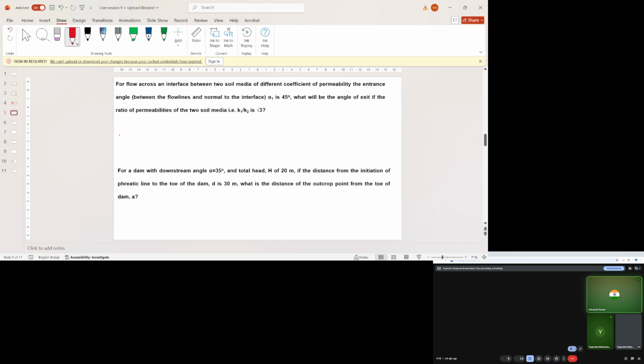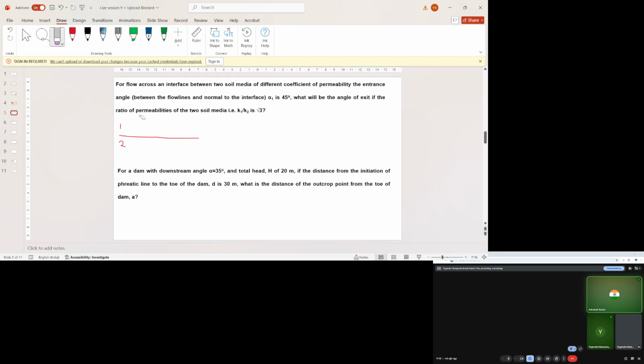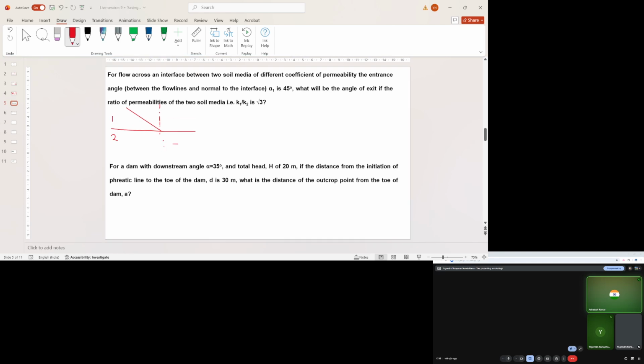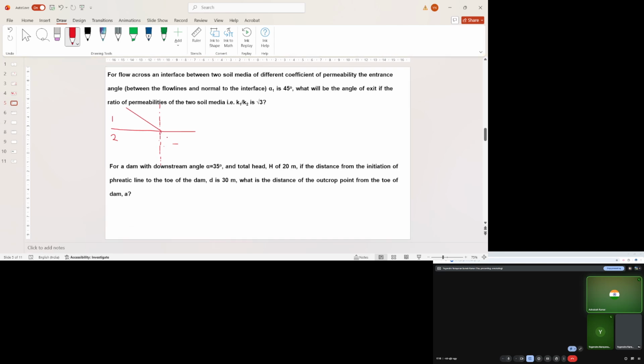First, let us draw a figure. So this is the interface, right? This is soil media 1, soil media 2, right? So the flow line enters like this, and let this be the perpendicular line to the interface, and it exits.